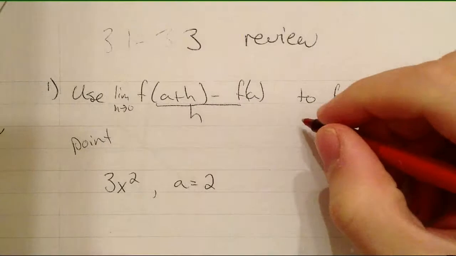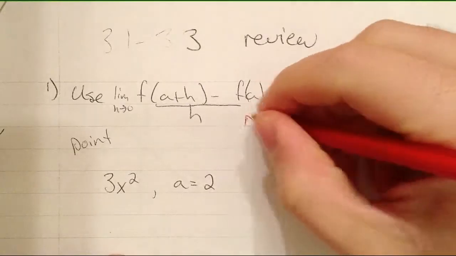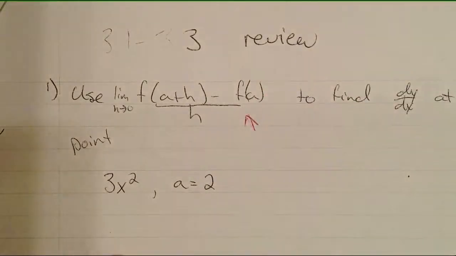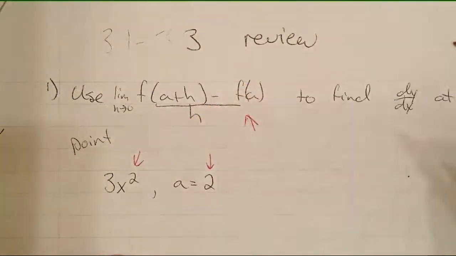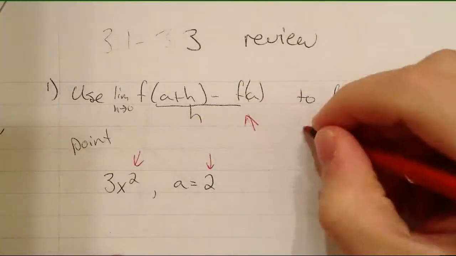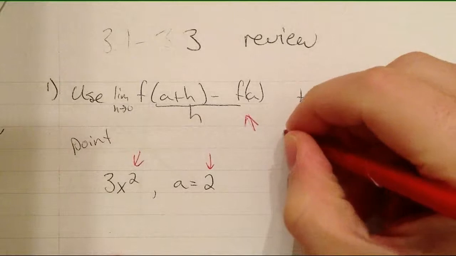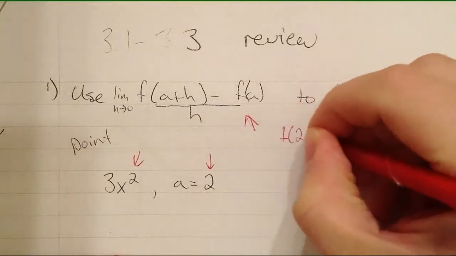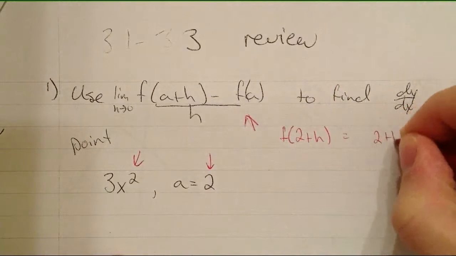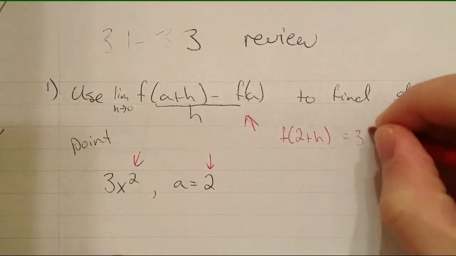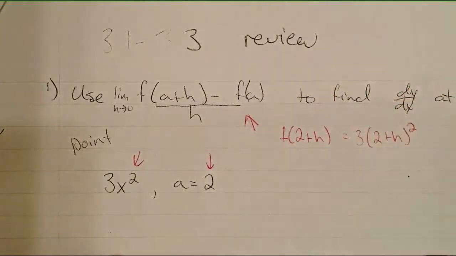Okay, now for this beast, we're using this formula, right? So our a is 2. This is our f of x, right? So first I have to find my f of 2 plus h, which is equal to 3 times 2 plus h squared.